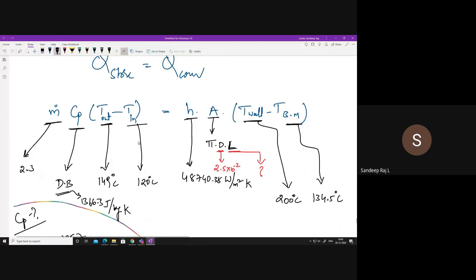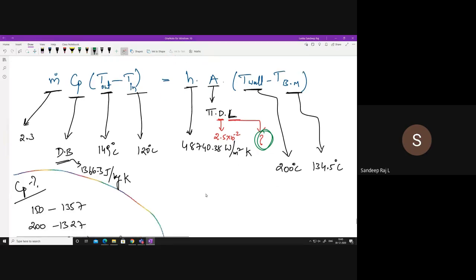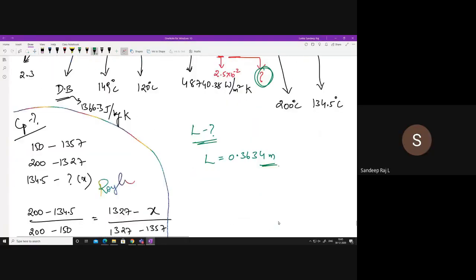So in this expression, you know everything except the L. L value is unknown to you. Calculate the L value. Somebody tell me this L value. Repeat it. 0.3634 meter. That is your L value. So L is equal to 36.34 centimeters. Right? This is your answer.